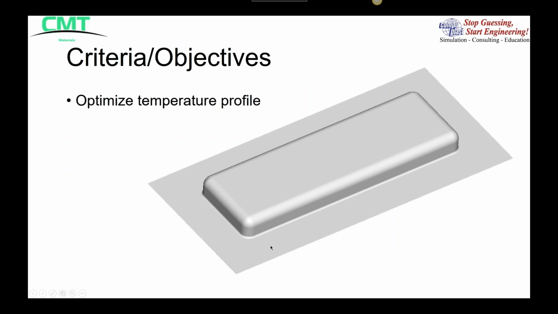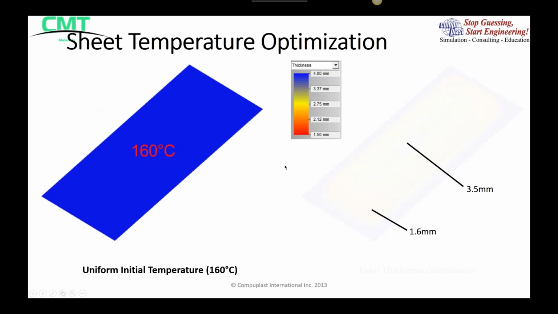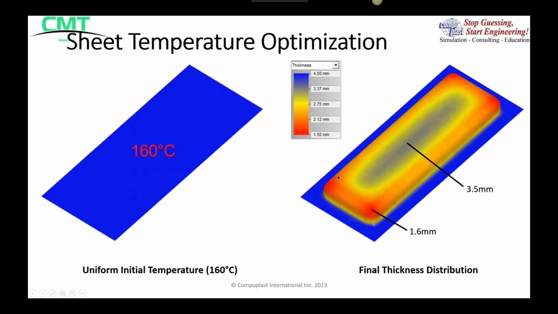So the first one is a sheet temperature optimization, and this is mainly for large parts. This example was for a large sign that this person wanted to produce. And one of the concerns here was that when they were forming with a uniform sheet temperature, the material would get very thin in the corners, and they would risk potentially cracking them.